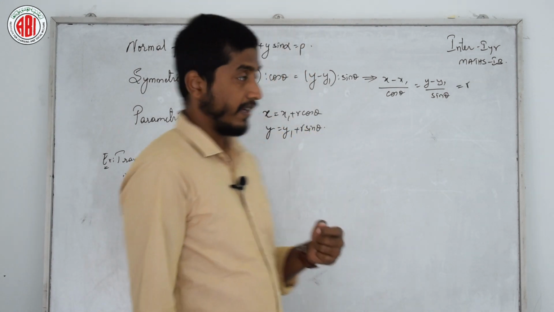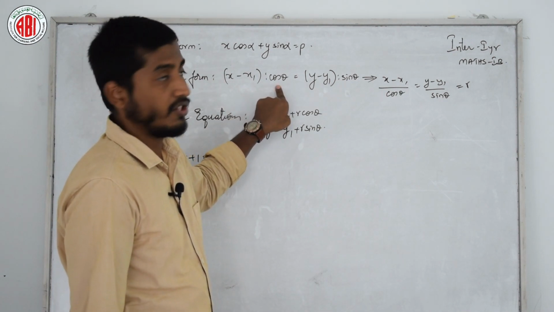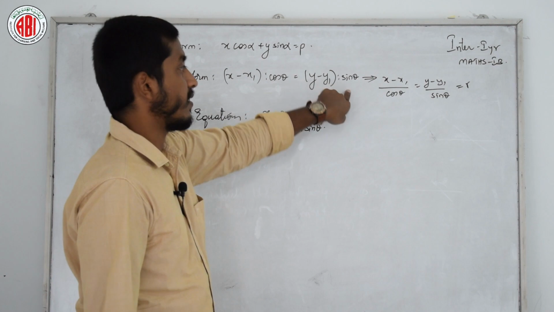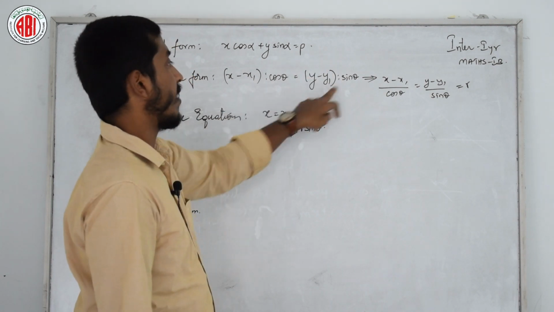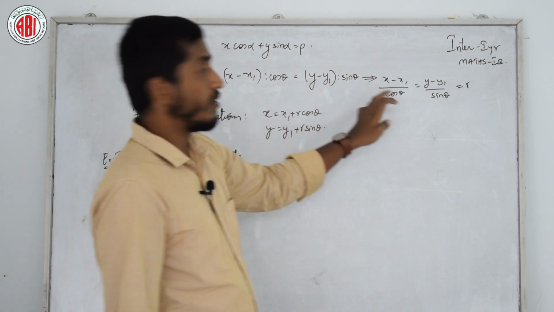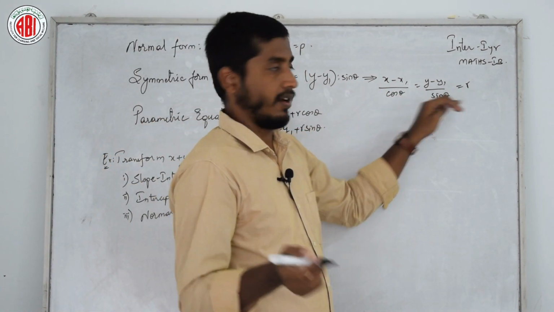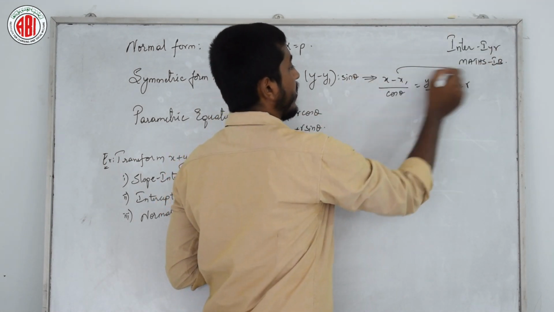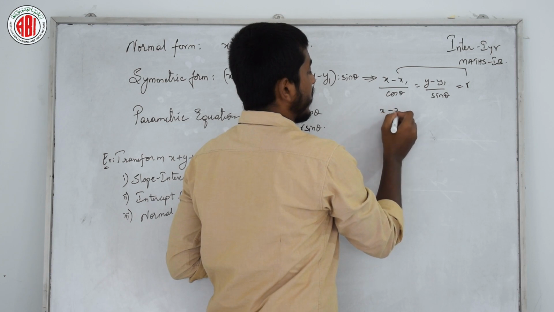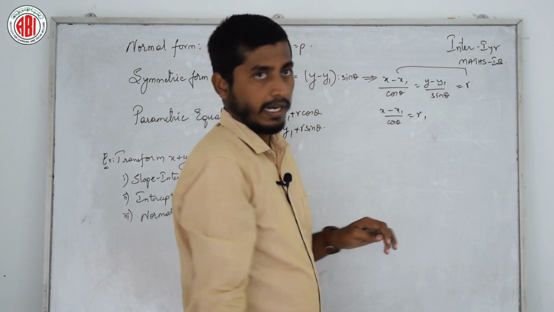Okay, see here once again. Here x minus x1 is to cos theta, that is the ratio. The ratio of this and the ratio of this are equal. Therefore, x minus x1 by cos theta equal to y minus y1 by sin theta. Since both are equal, we can equate it to some other parameter, let us say r. Now let us equate these both. It becomes x minus x1 by cos theta equal to r, right?